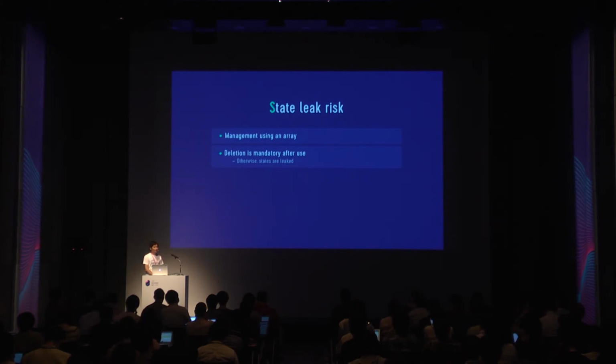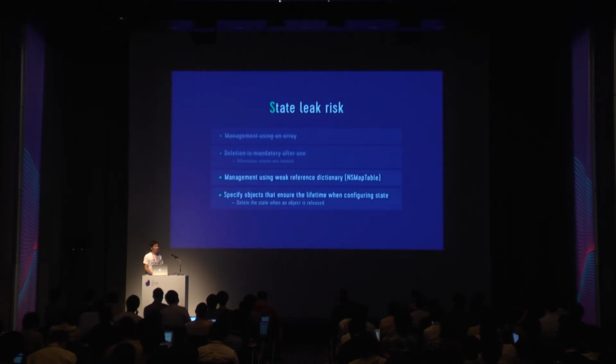So firstly, with the state leak issue, we manage the state in an array, but if we fail to delete it, the state would remain there forever, and that would cause severe issues in the implementation. Therefore, we use a weak reference dictionary called NSMapTable, and this is used for management.